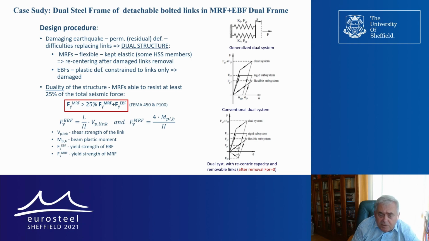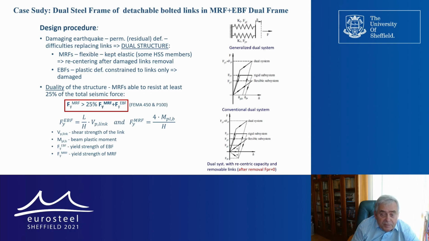And this is the case when we have a recentric capacity due to the fact we can remove the links. So this is like it was before, the rigid, the flexible, the component.